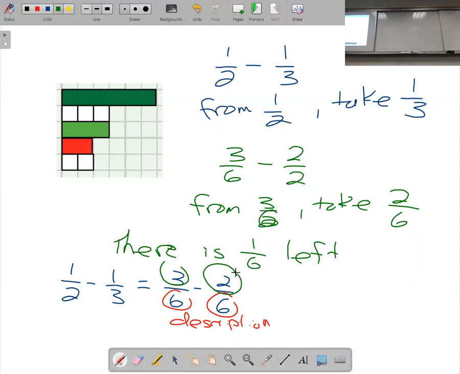Yeah, numerators are count. So these up here are count. So from 3, we take 2, that leaves 1, and 6 was the description. So one thing we get from the toys is, if we have a common denominator, we just subtract the numerators. So that's an important thing to note.